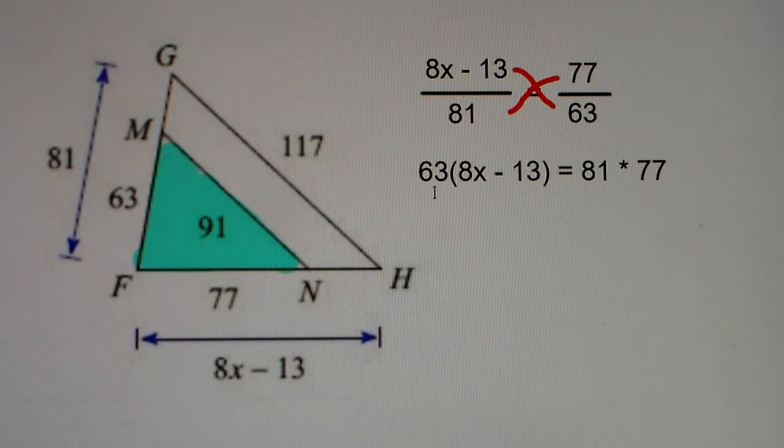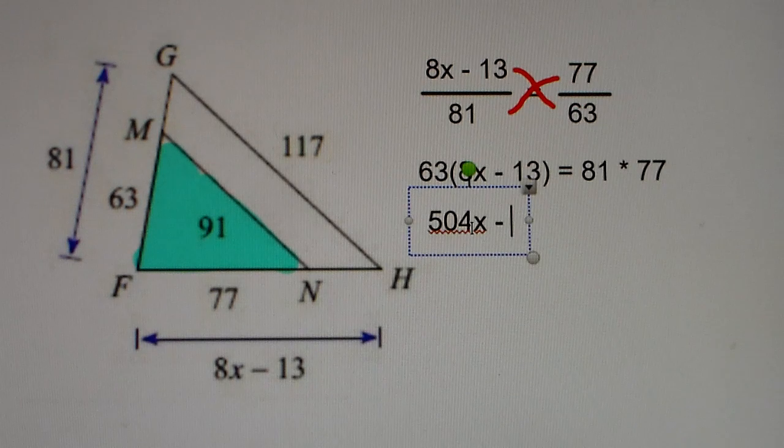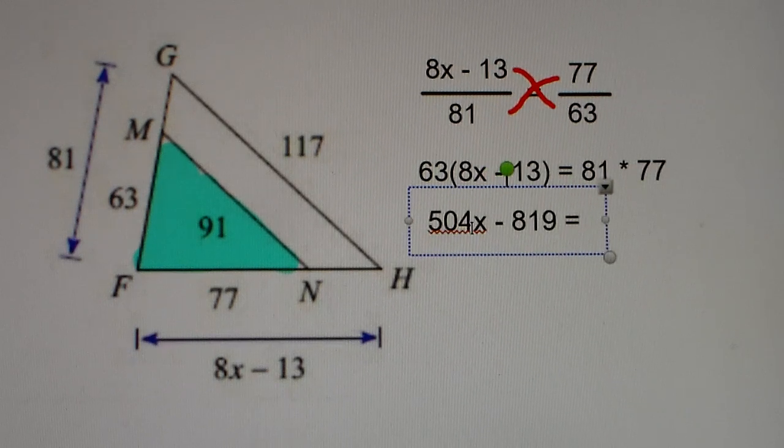And now 63 times 8, that's going to get us 504 on the calculator. And since there's an x involved, we write x. Minus, now we do 63 times 13. We get 819. And that's equal to 81 times 77. So 81 times 77 gets you 6,237.